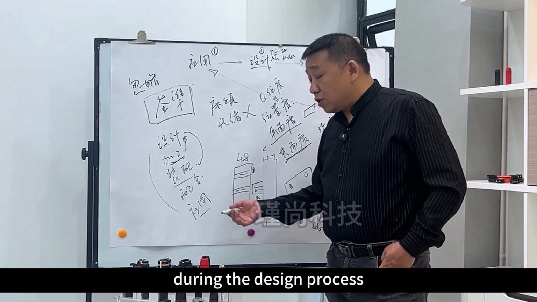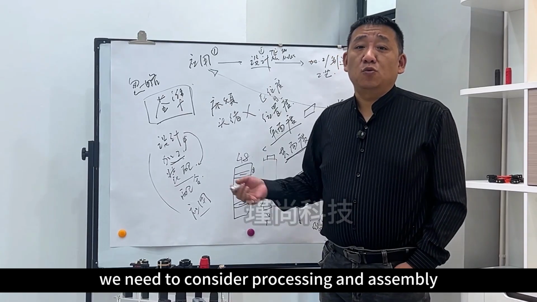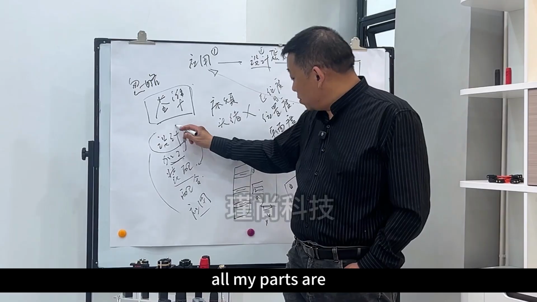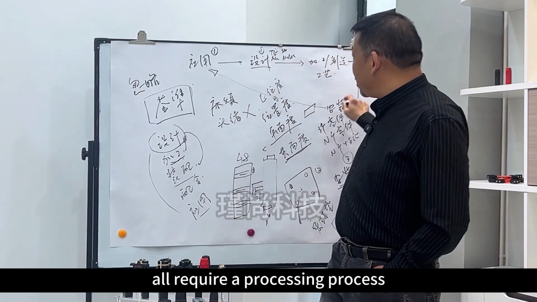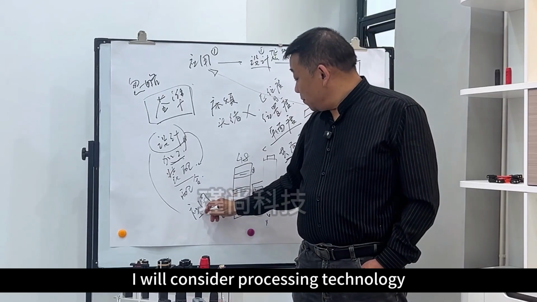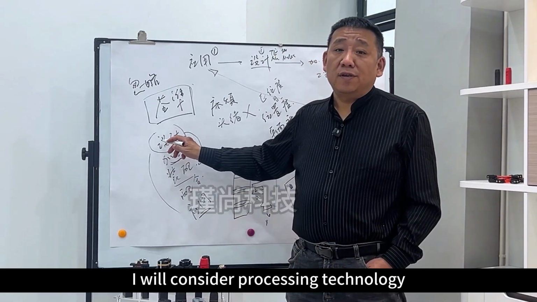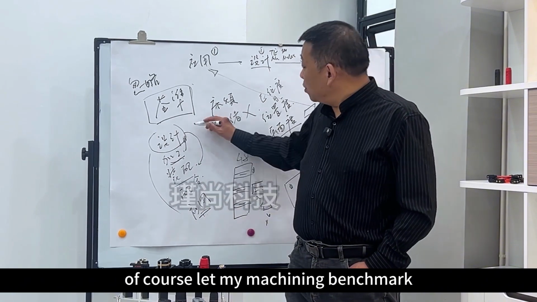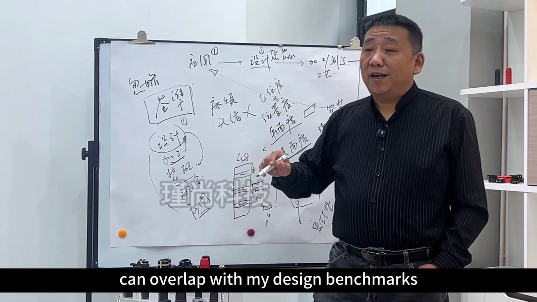During the design process, we need to consider processing and assembly, the most basic and lowest level. All my parts require a processing process, so from first principles I will consider processing technology. The best case is that my machining benchmark overlaps with my design benchmark.